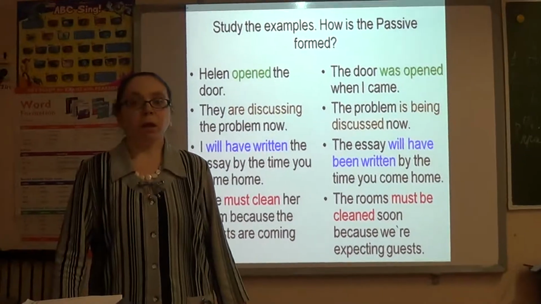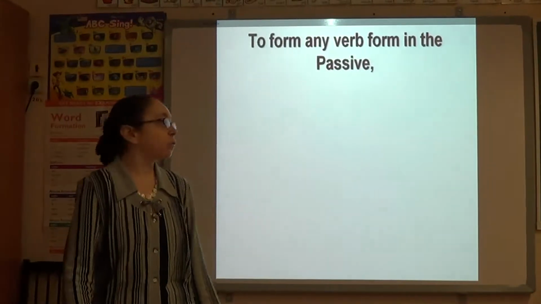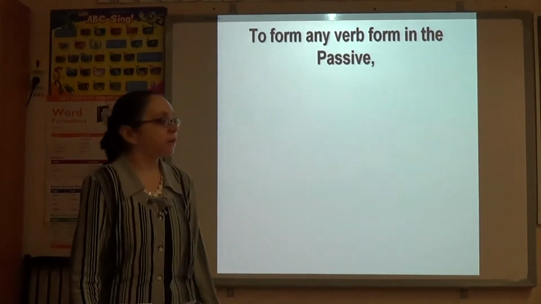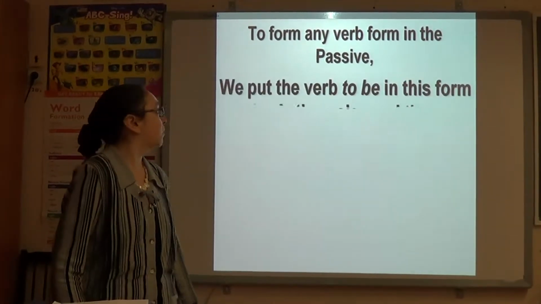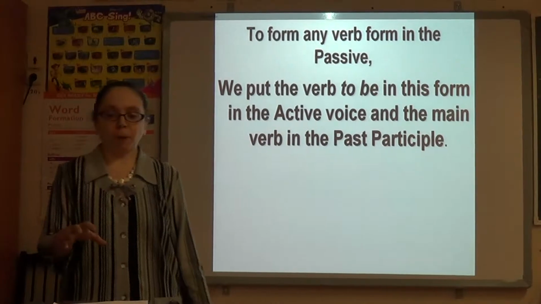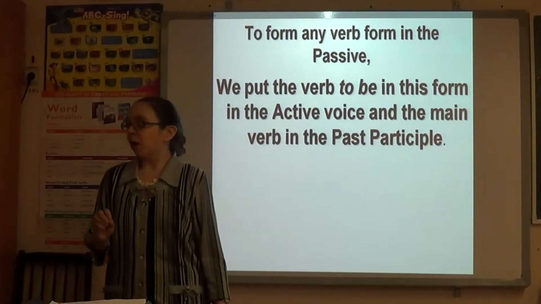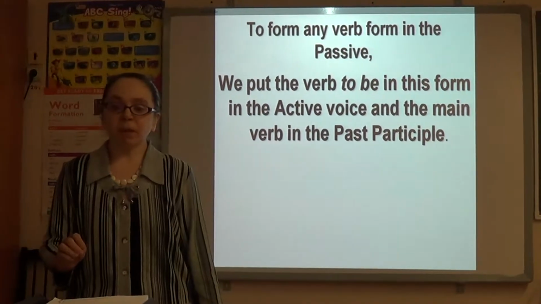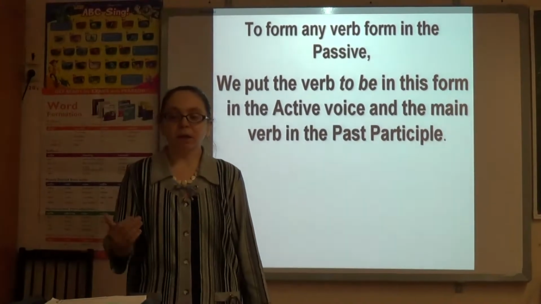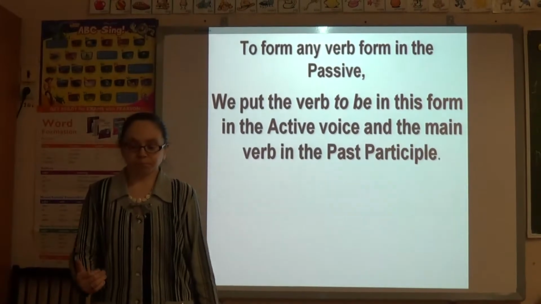So, I hope you've worked out the general rule that to form any verb form in the passive, we put the verb to be in this form of the active voice and the main verb in the past participle, in the third form.